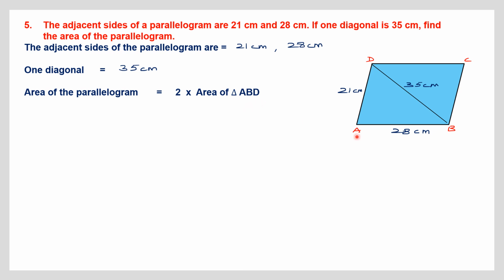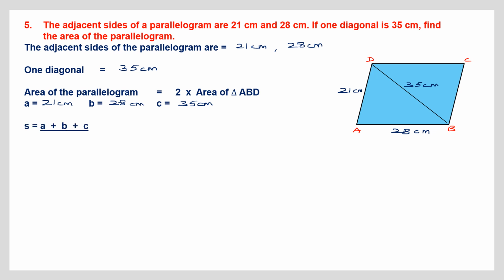So for that, we need to consider the sides here. We can consider this as side A, side B and side C. So A will be 21 centimeters, B is 28 centimeters and C is 35 centimeters. Now that we know the sides, we can find the semi-perimeter. How do we do that?